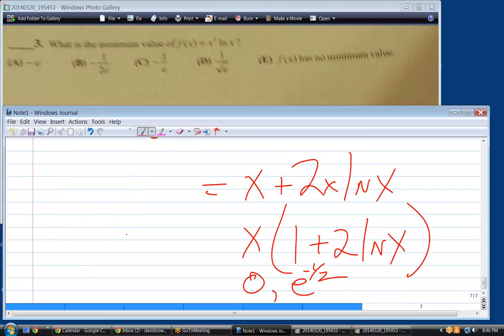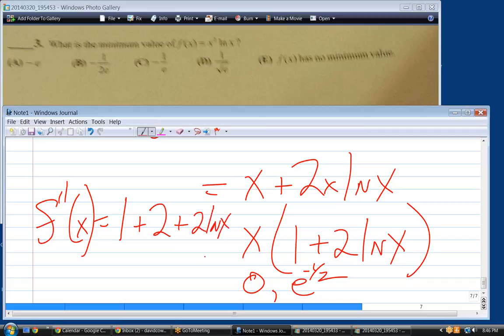So let's see what the second derivative is. F double prime of x equals 1 plus 2 plus 2 natural log of x, or 3 plus 2 natural log of x.